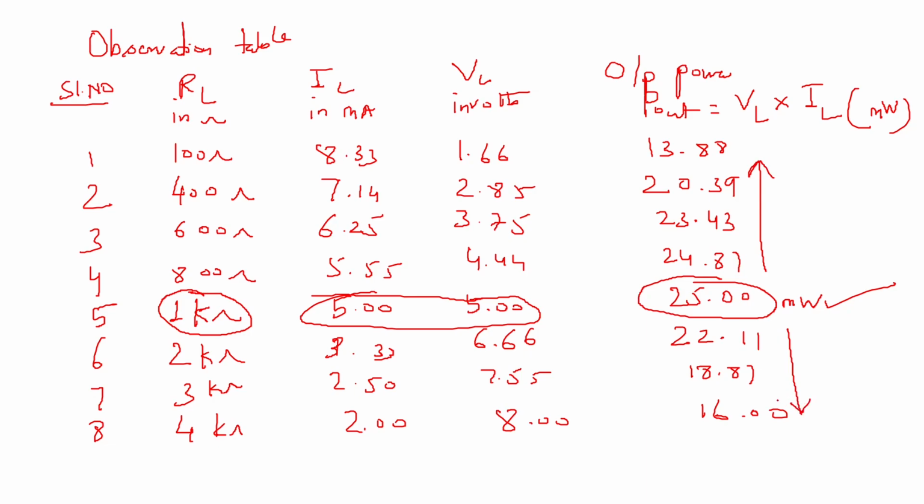So the power is maximum when the load resistance is equal to the effective resistance of the circuit looking back from the terminals of the load. So only when the internal resistance is equal to the load resistance is maximum power transferred from source to load. This is how we can verify the maximum power transfer theorem.